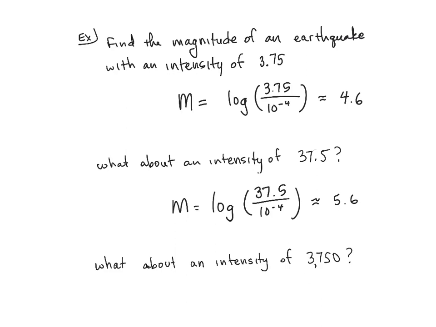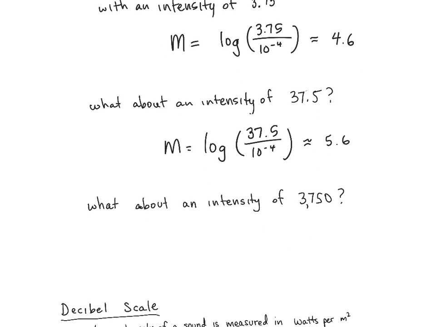What about one that's 1,000 times as intense? Well, the magnitude would be log 3,750 divided by 10 to the negative 4, which measures 7.6 on the Richter scale.